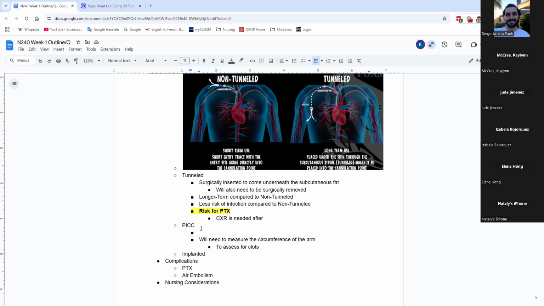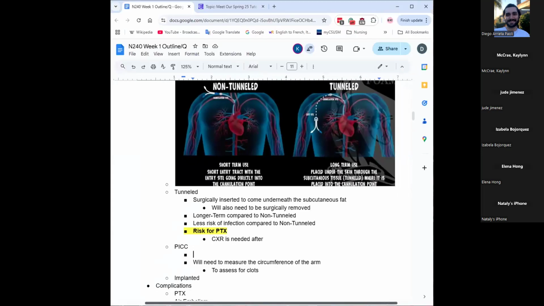But do you want to do a chest x-ray? Yes, you're still going to want to do a chest x-ray even though we don't have that risk of pneumothorax, because we still want to confirm the placement. So yes, we're going to do a chest x-ray to confirm placement.